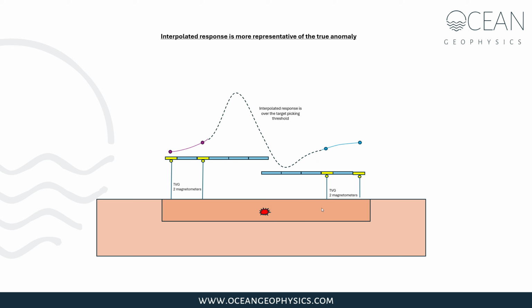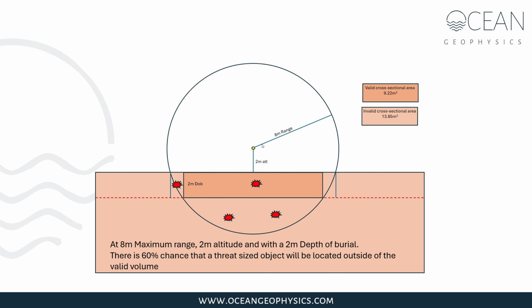So let's say that we're in a situation where the grid interpolation has actually produced a more representative anomaly than we would expect. So we have a target which is over our threshold and will require picking. This isn't a get out of jail free card, because at a large spherical range, it's still more likely that your target is within an invalid cross-sectional area compared to your valid cross-sectional area.